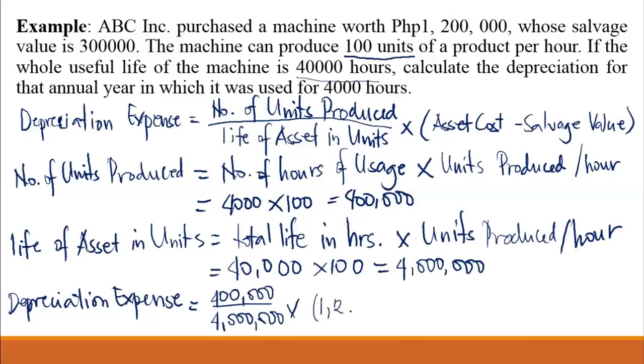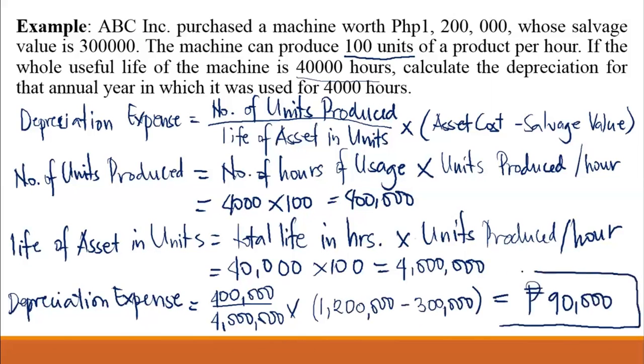That is 1.2 million, di ba? 1,200,000 minus the salvage value na 300,000 pesos. Kaya, yung depreciation expense ng machine is equal to 90,000 pesos. Okay? So, 90,000 pesos. So, from 1.2 million, naging 90,000. Alright? Within 4,000 hours. So, that is the depreciation expense.